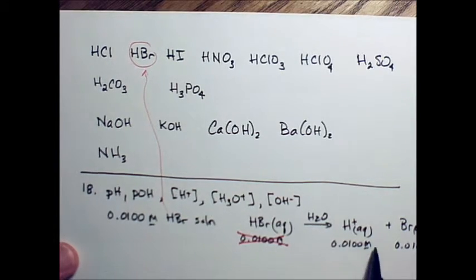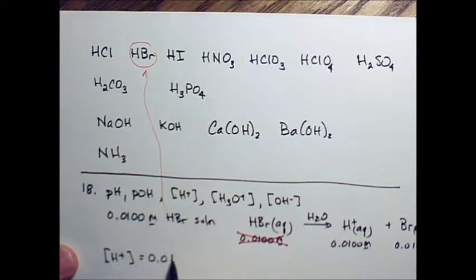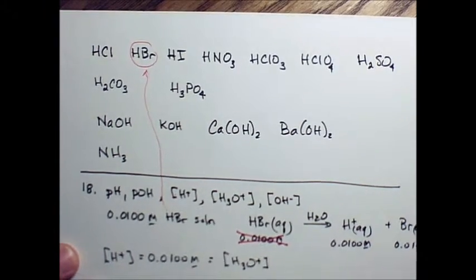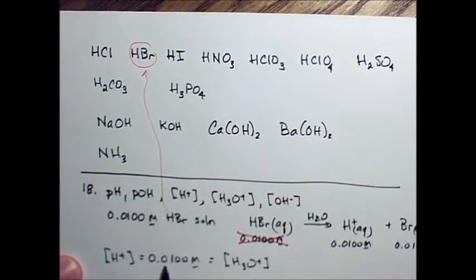Therefore, we already know now that the hydrogen ion concentration is this. And if the hydrogen ion concentration is this, then the hydronium ion concentration is the same. Okay? If we move the decimal place 2 places to the right, we get an answer that is 1.00 times 10 to the negative 2 molar.